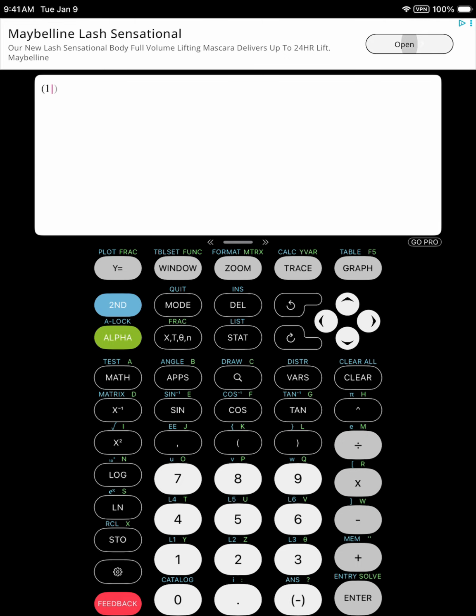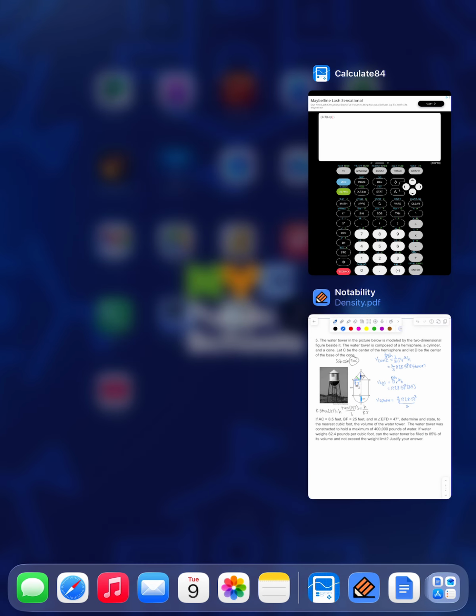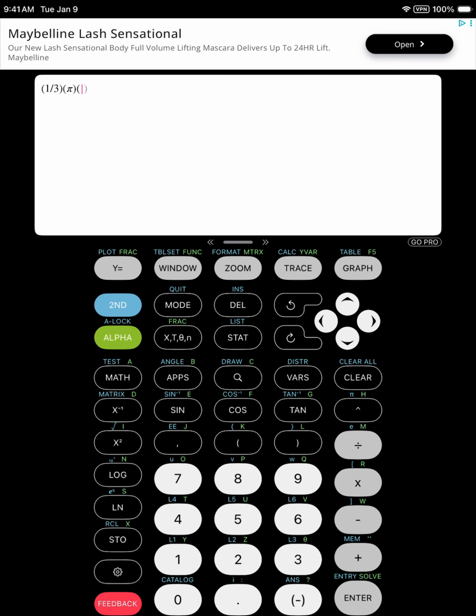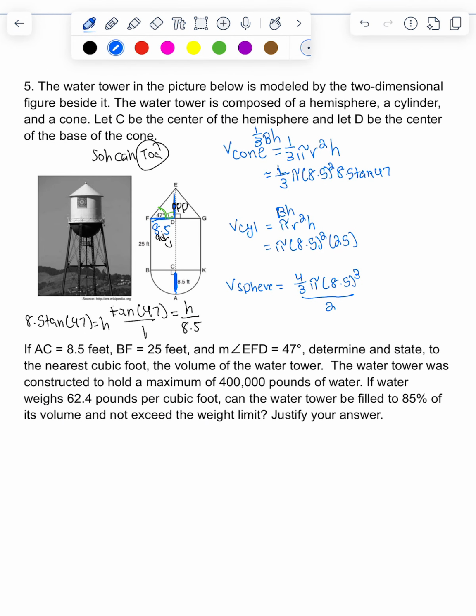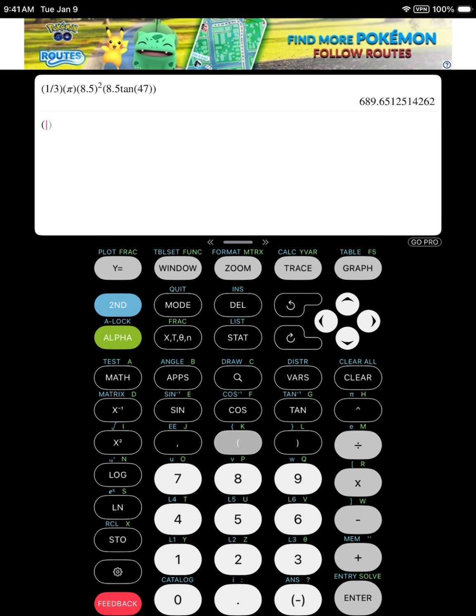So 1/3 pi 8.5 squared (8.5 tangent 47). So that's for the cone. Now the cylinder, pi 8.5 squared 25.